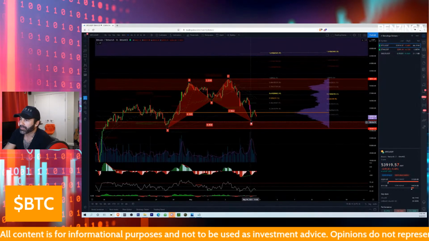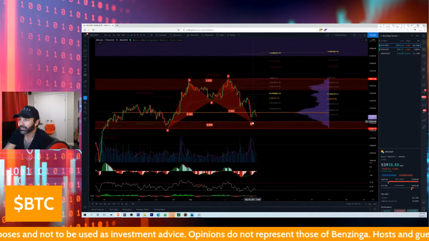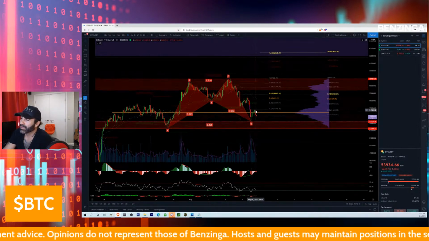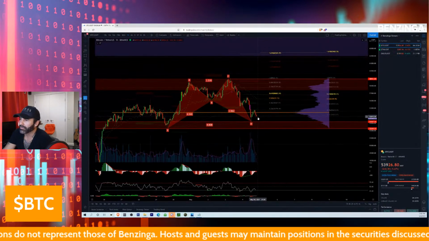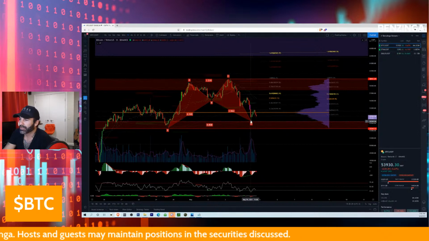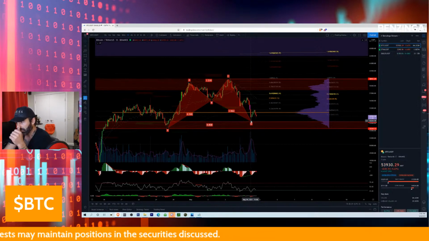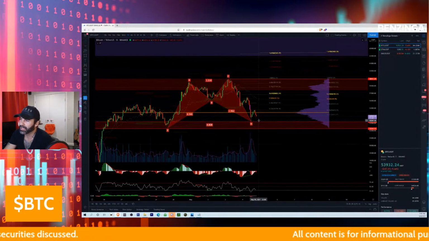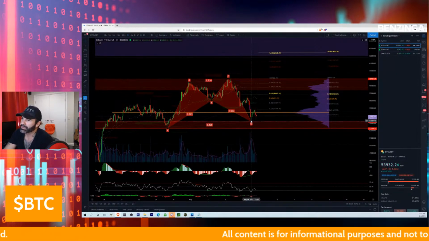You're going to have the pattern completion, and you'll usually get a reaction, which is an impulse up, and then a lot of the times you'll get a confirmation low where the asset initially reacts to the pattern completion zone, and then it comes back down once again, just confirming that what was once support is support.